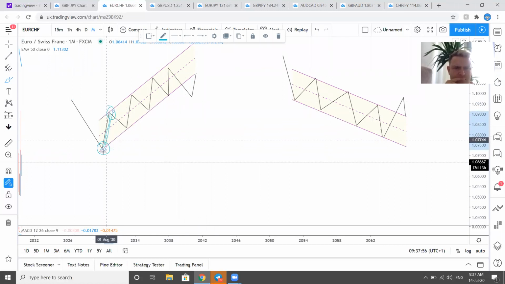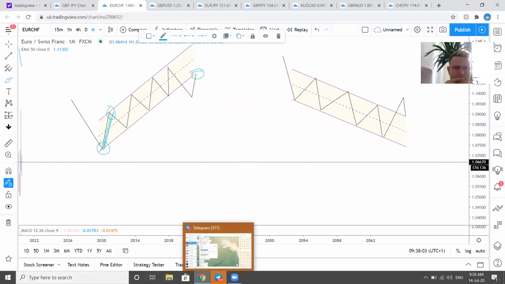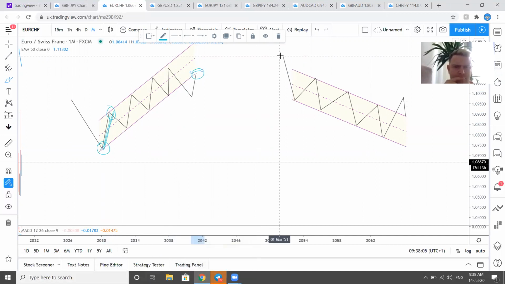This is our first wave, and this is our point of retrace. For this one, we've pulled into the channel, we've rejected, we've punched up. This is our first wave.